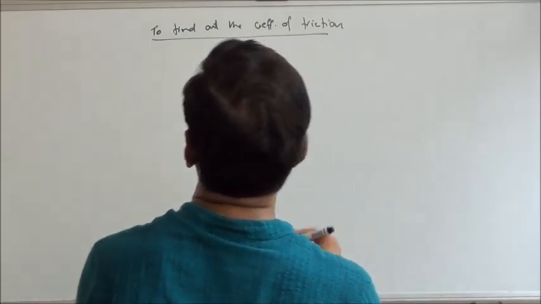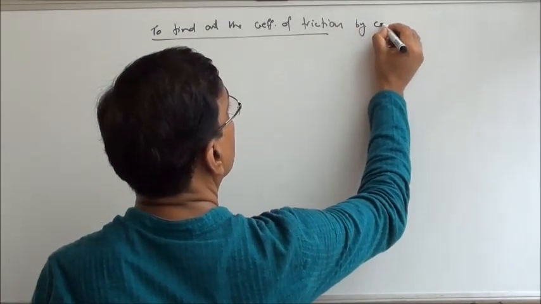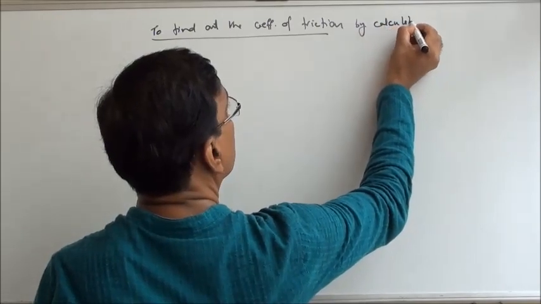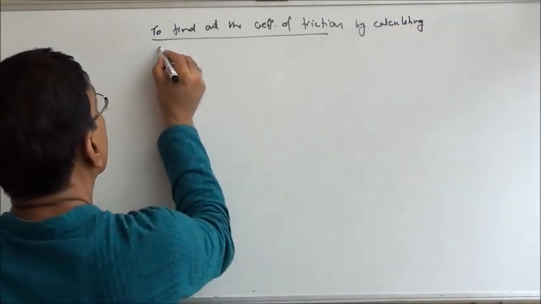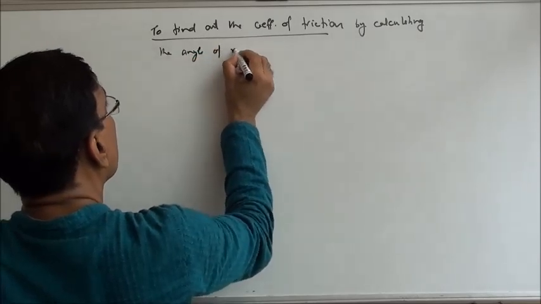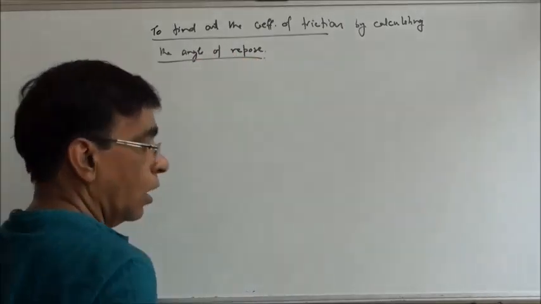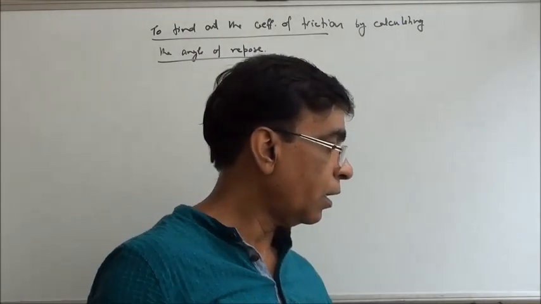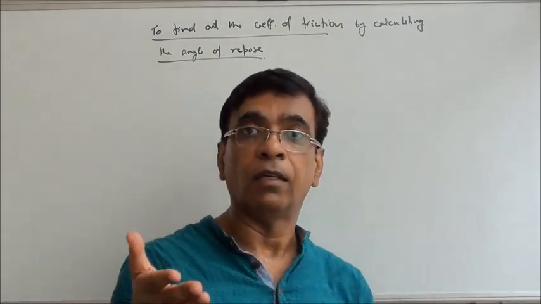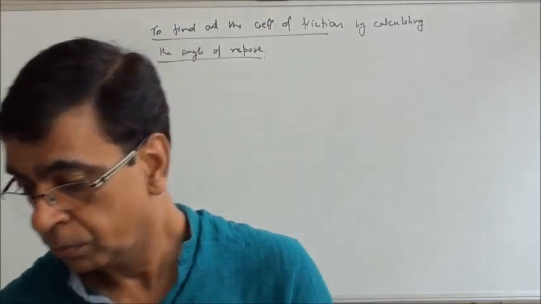So you can write: to find out the angle of friction by calculating the angle of repose. Angle of repose is that angle of an inclined plane at which the object starts coming down.